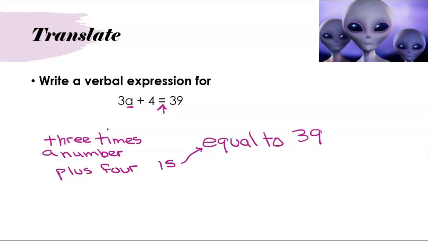There's several ways you can write this. You could say 4 more than a number multiplied by 3 equals 39. But I like to go from left to right and translate it that way. So 3 times a number, because a is our variable, plus 4 is equal to 39. That's the easiest way to do it, just going from left to right.